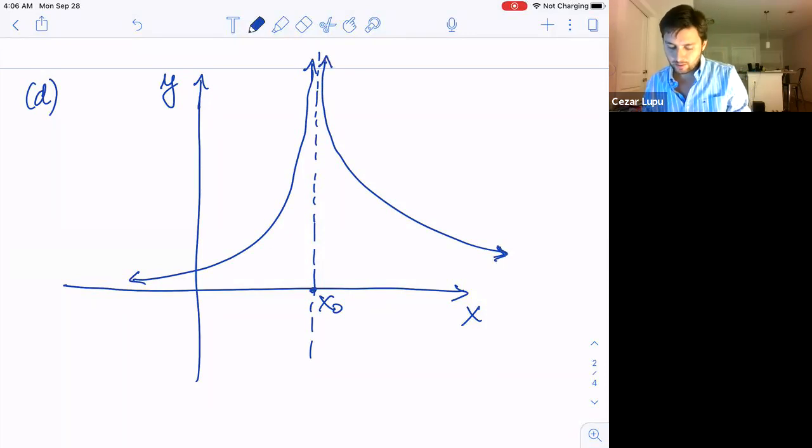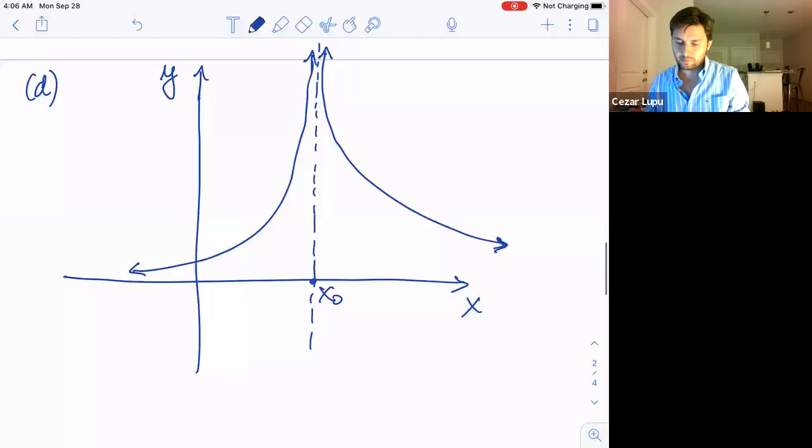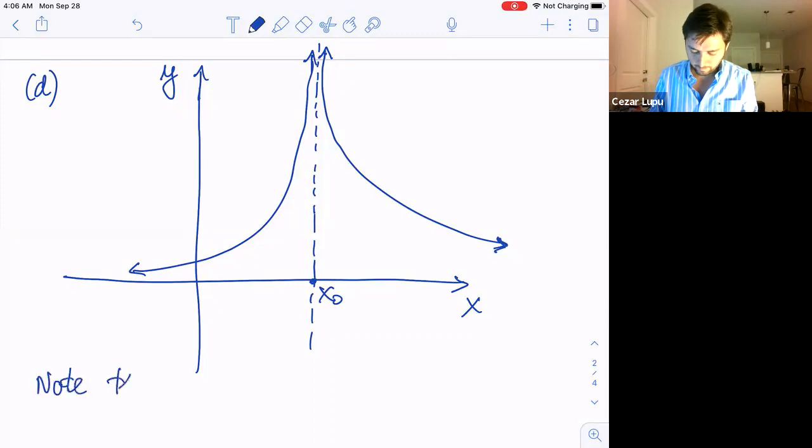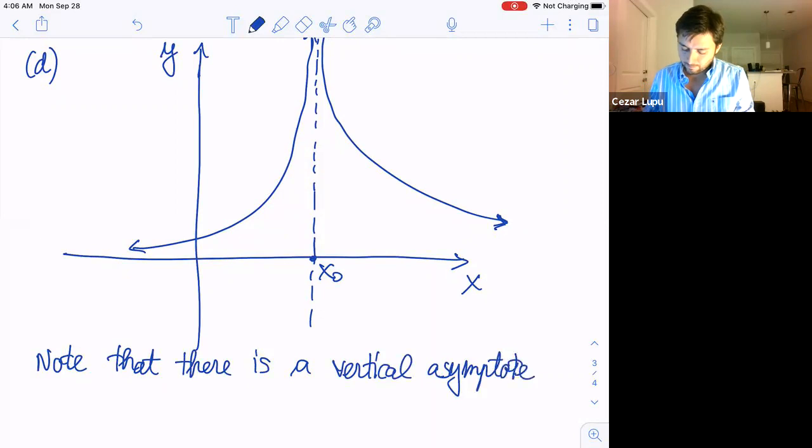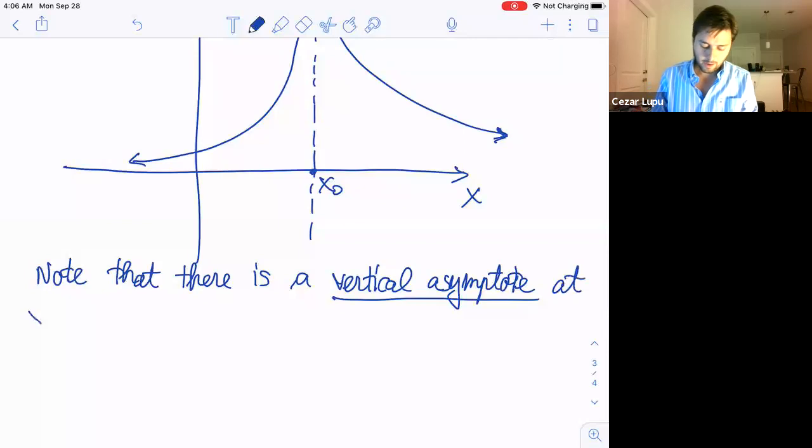All right, let's look at this picture. Well, you see we have here this guy. This is a vertical asymptote. So let's write this. Note that there is a vertical asymptote at x equals x naught, right?